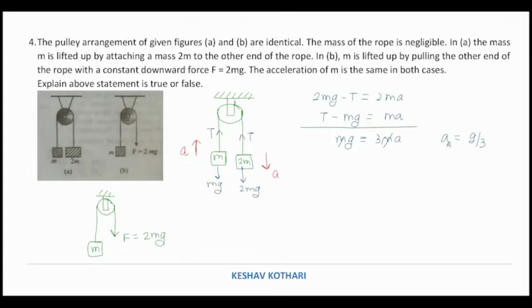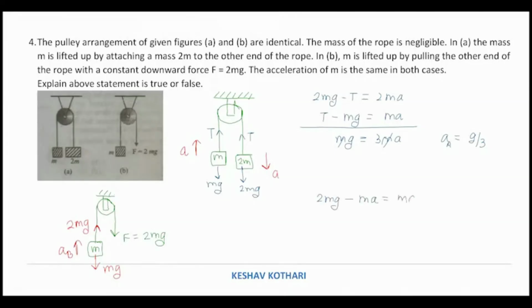So the force of 2mg which is acting in the downward direction will be acting on it directly, and the force of gravity, that is mg, will act in the downward direction, and it will produce a certain value of acceleration, that is for case B. So we write it as a_B, and hence we can write that 2mg minus mg is equal to ma.